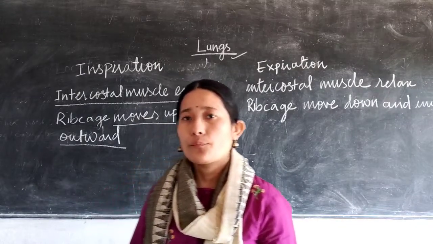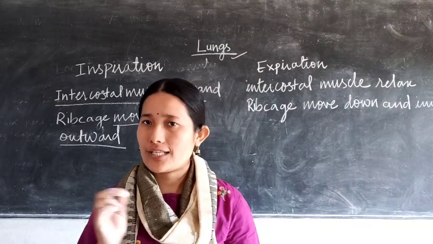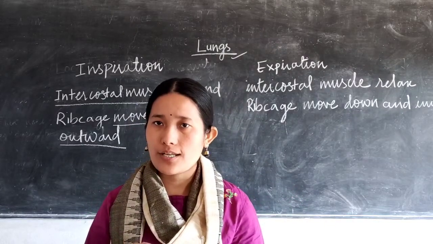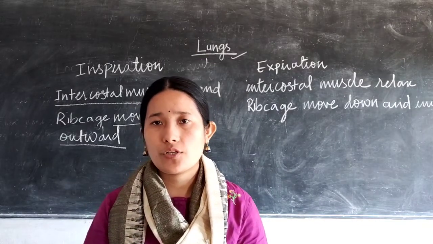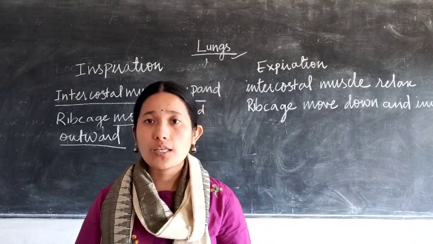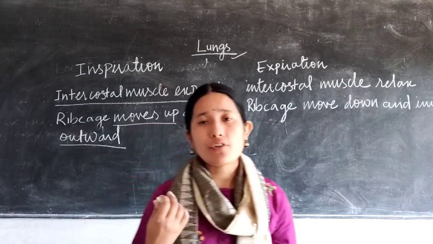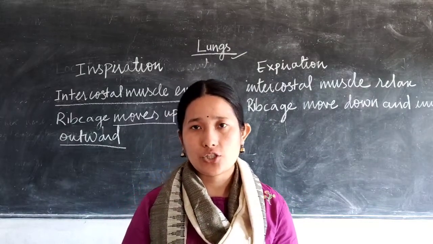Now after the air is forced into the lungs, we know that in the alveoli the exchange of gases will take place, right? Oxygen will enter the blood vessel, and from the blood vessel the carbon dioxide will diffuse out. Now how does the carbon dioxide rich air move out during the exhalation process?